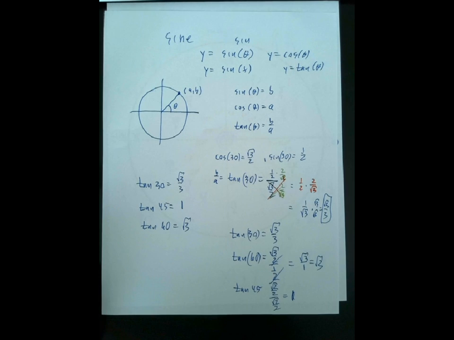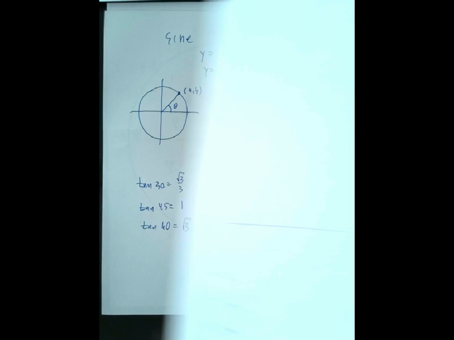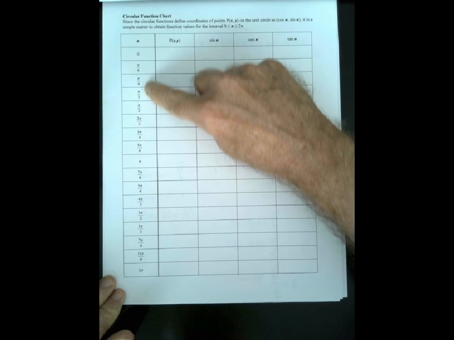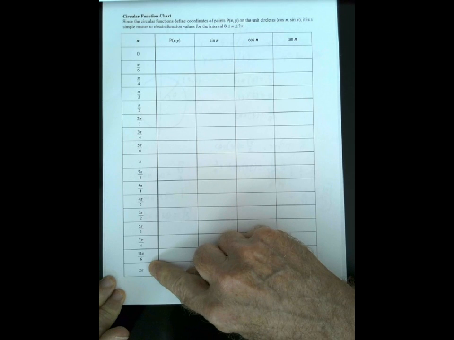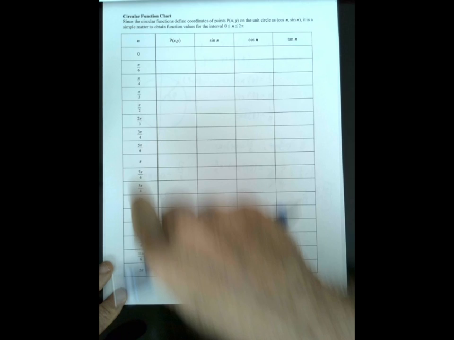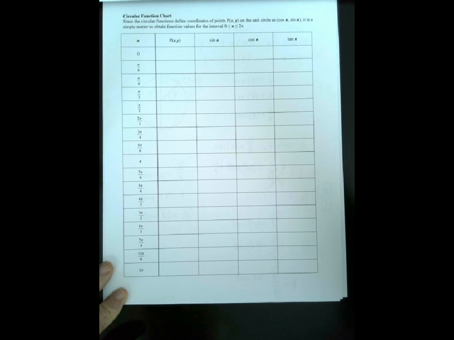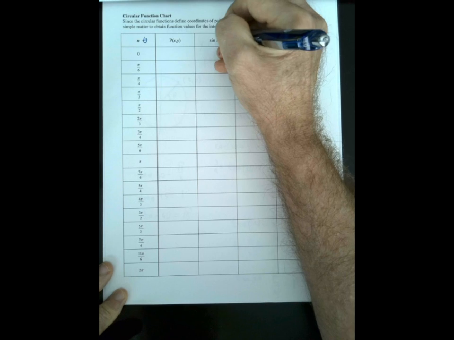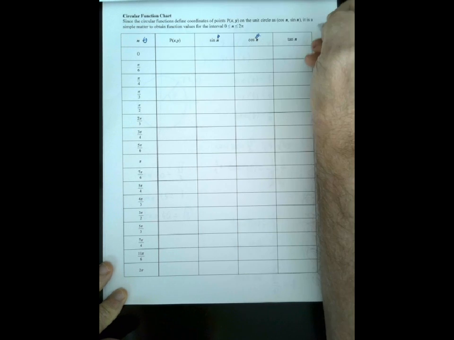Now the last thing I want is going to be your homework here. I'm going to have uploaded a blank circular function chart. Over here, it gives the angles in radians, right? That's n, that's the angle measure. Let's call that theta. It says n, but it could be theta.